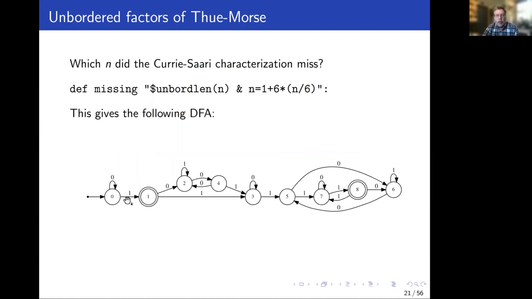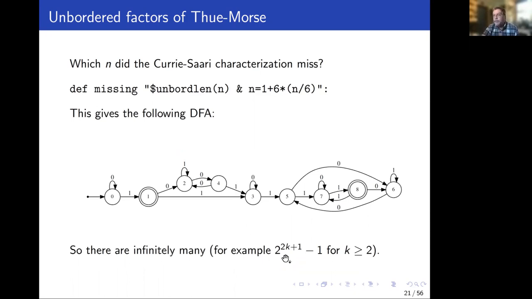For example, 1, 1, 1, 1, 1, that's 31 in base 2. And you can see that I can go back and forth with ones, so they missed infinitely many cases. For example, they missed 2 to the 2k plus 1 minus 1. So you can do this kind of thing: here's my conjecture, oh, it's not quite right, what did I miss?